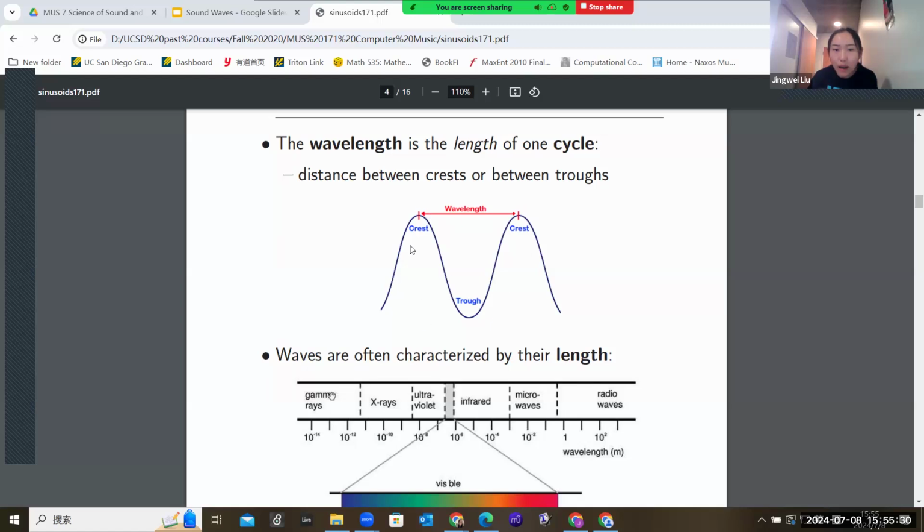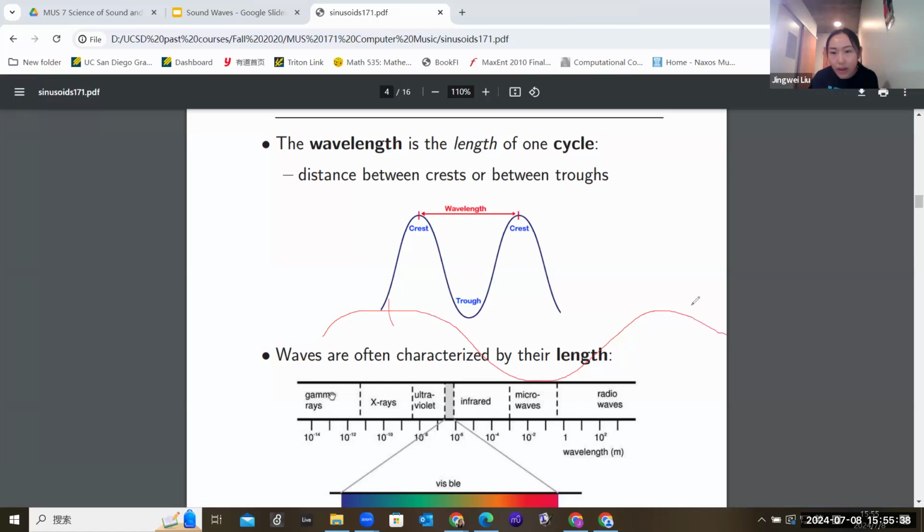Some waves are like this, with a much longer wavelength, but some waves have higher frequencies, so they have a smaller wavelength here.